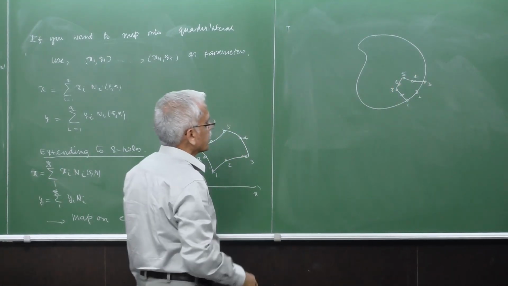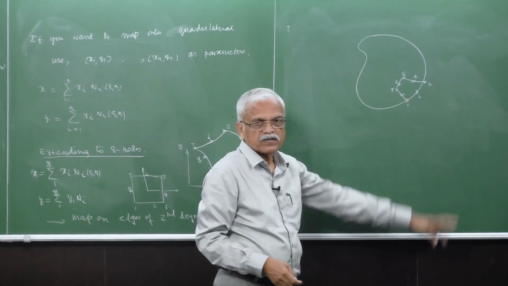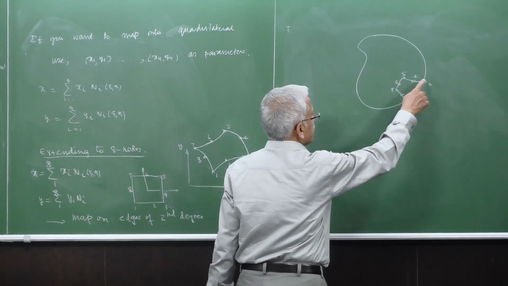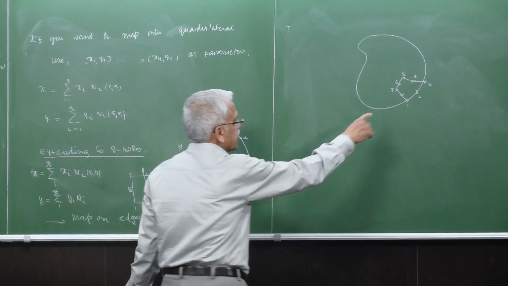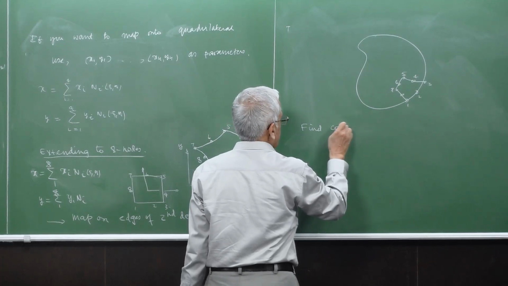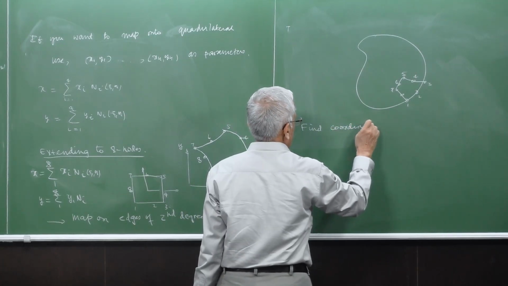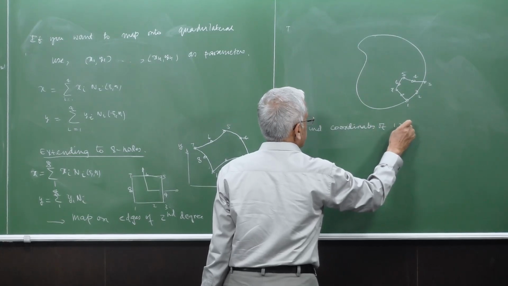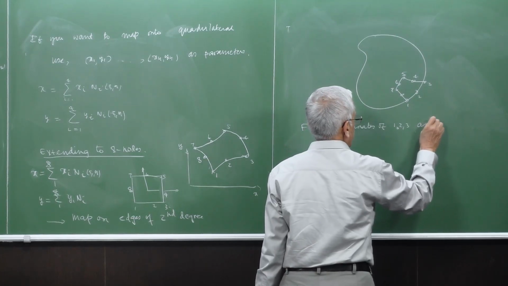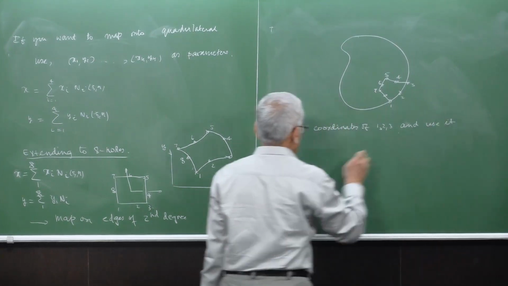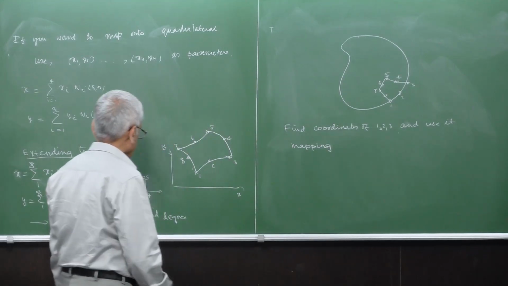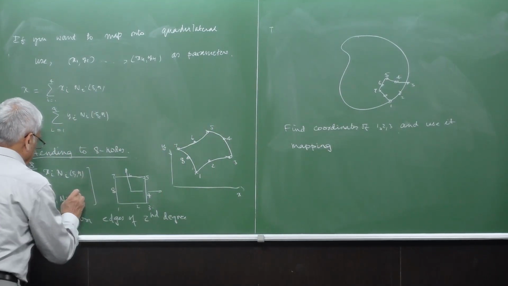If you want to map this kind of element here with curved side, what all you need to do is that you find out the coordinates of this edge, coordinates of 1, 2, and 3 and use it in mapping. That's all. So appropriate x and y coordinates and use that here in this mapping.